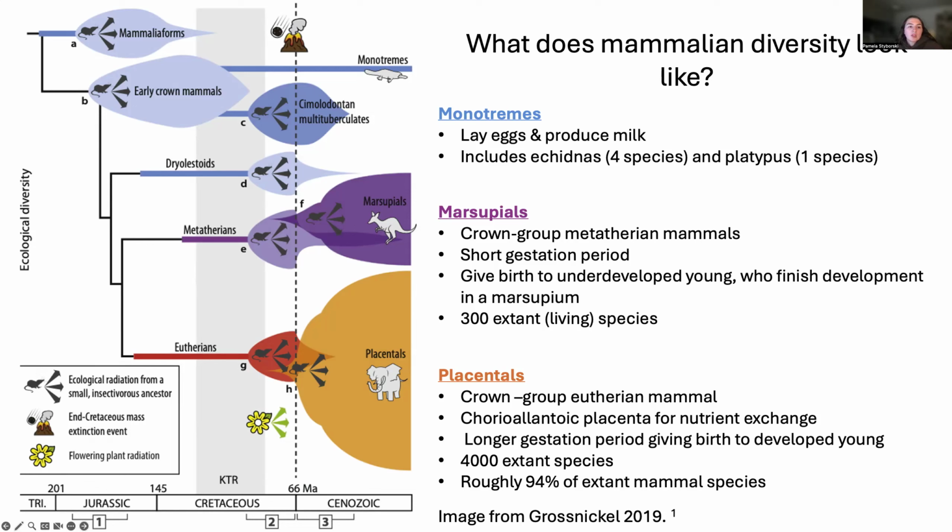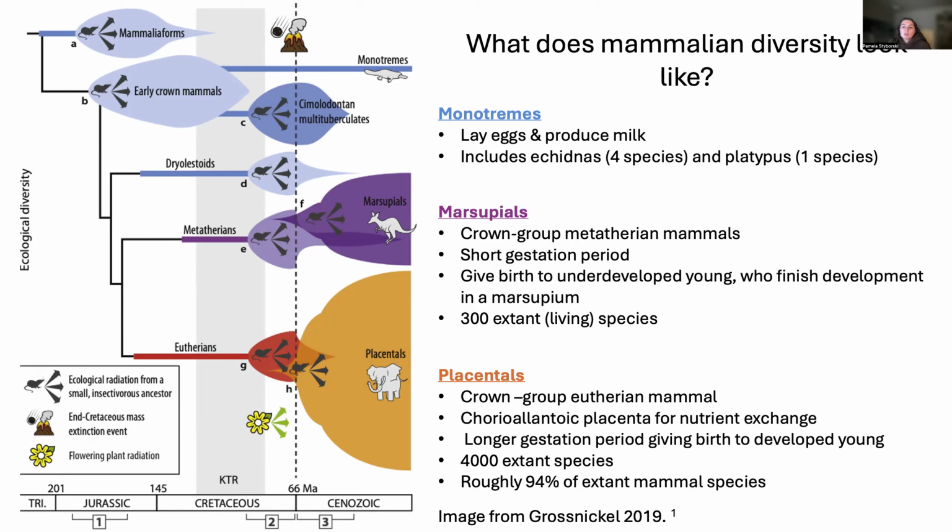You can see on the tree that they branch off before two of our other groups. We have marsupials. They are a crown group of mammals. They have a short gestation period. They give birth to underdeveloped young who finish developing in the marsupium.